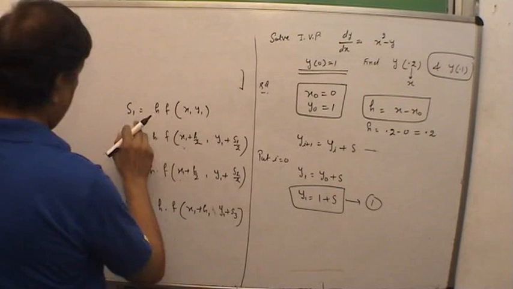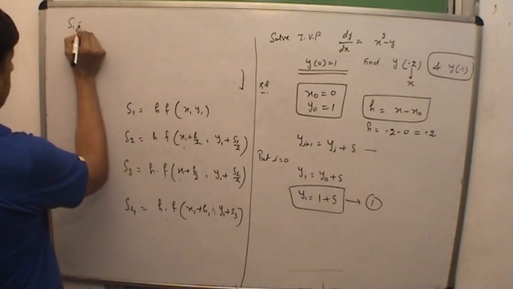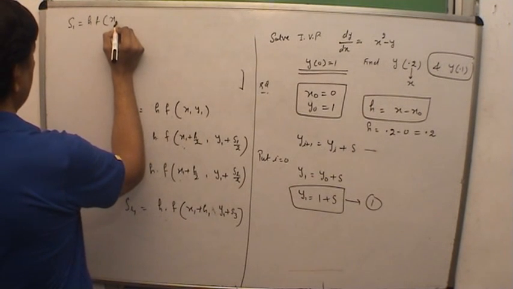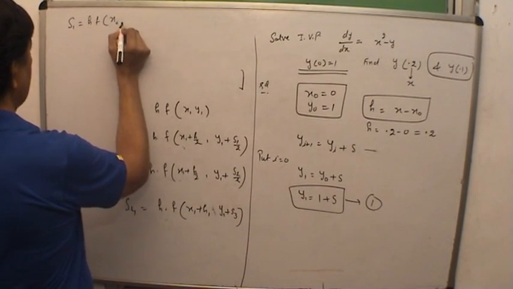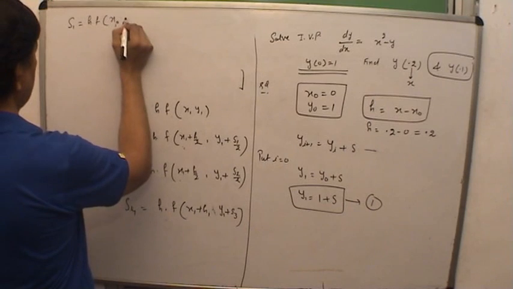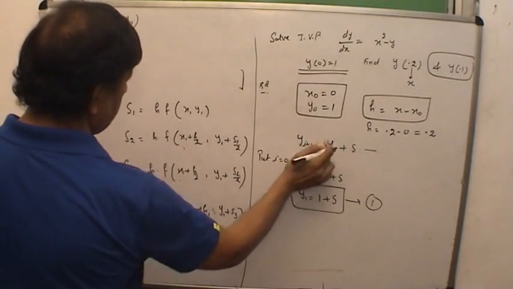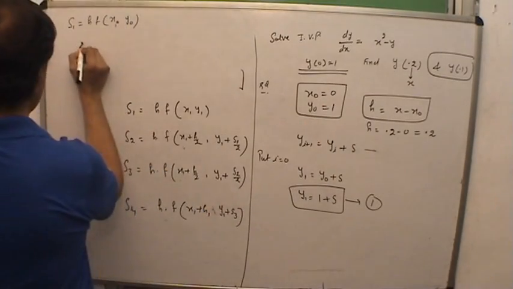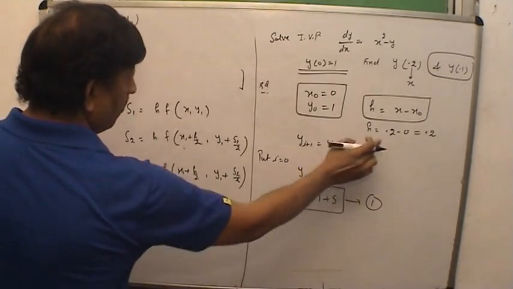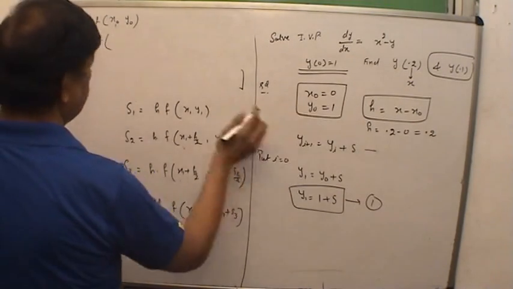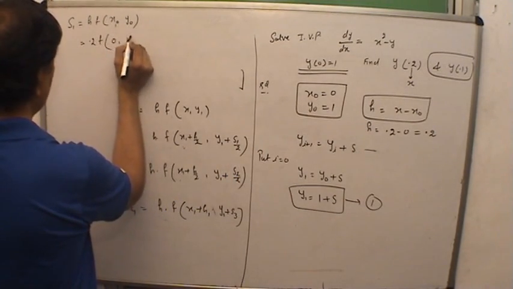Here s1 is equal to h times f of (x0, y0). We consider x0 and y0 from the starting values. Here h is equal to 0.2 into f of (0, 1).